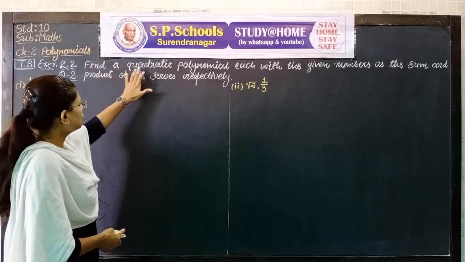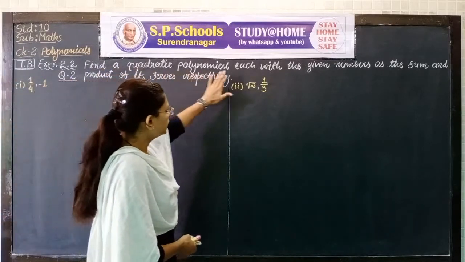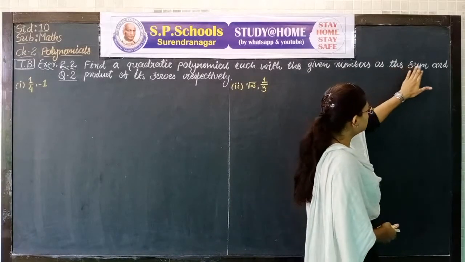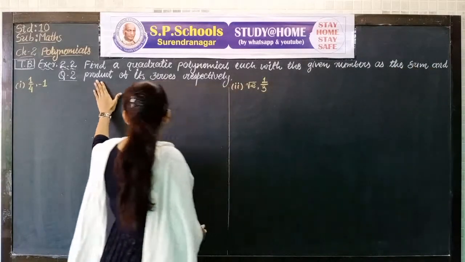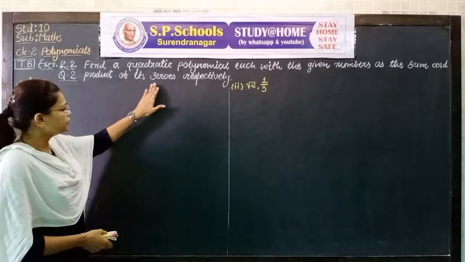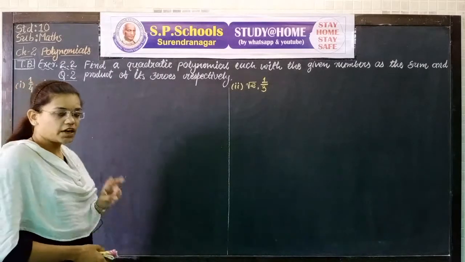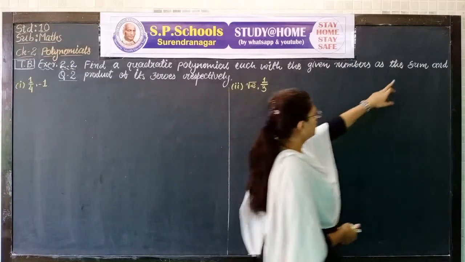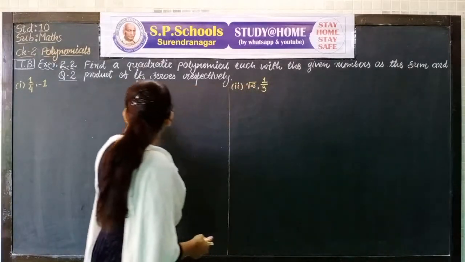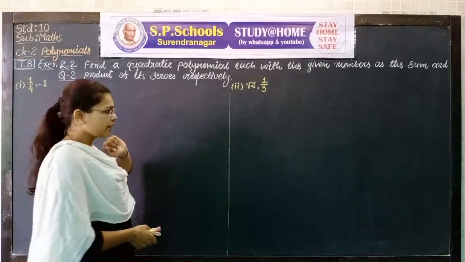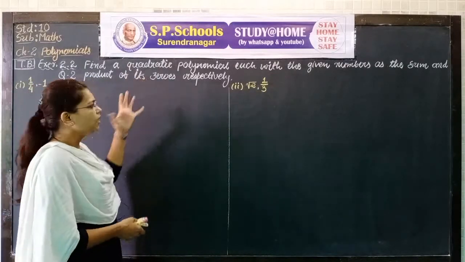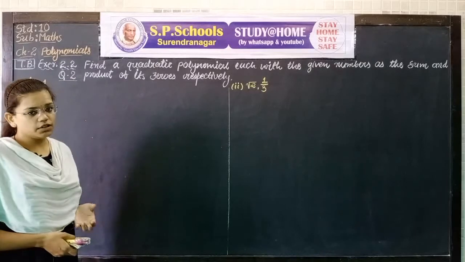Find a quadratic polynomial, each with the given numbers as the sum and the product of its zeros respectively. There are two numbers given. The first number is the sum of its zeros and the second number is the product of its zeros, meaning the zeros of the quadratic polynomial.